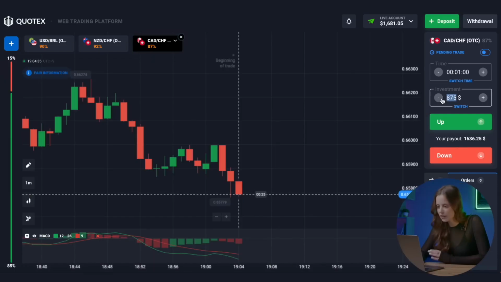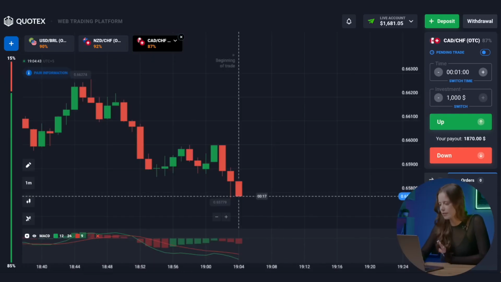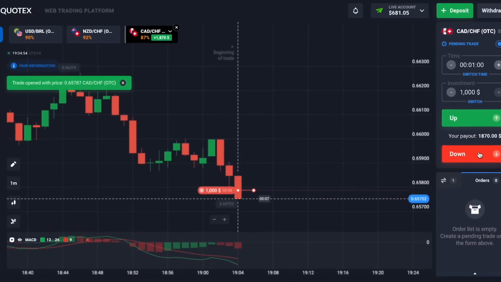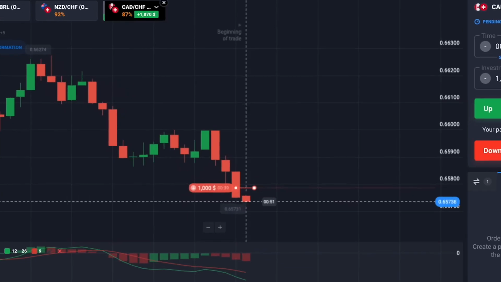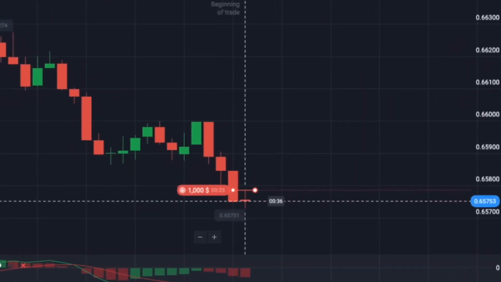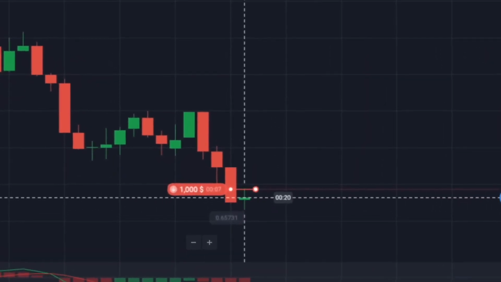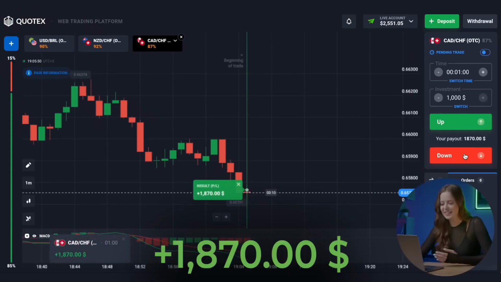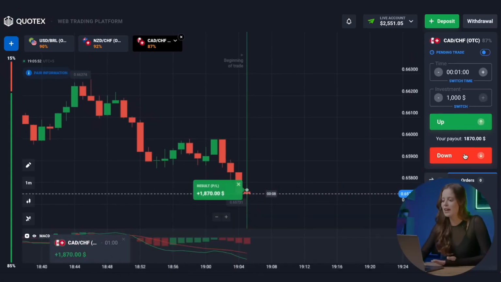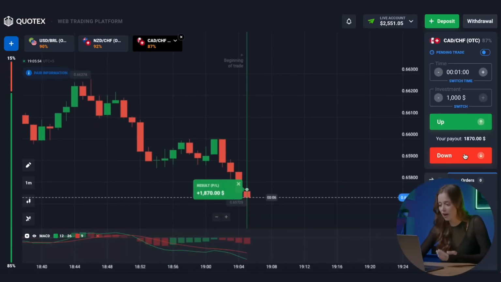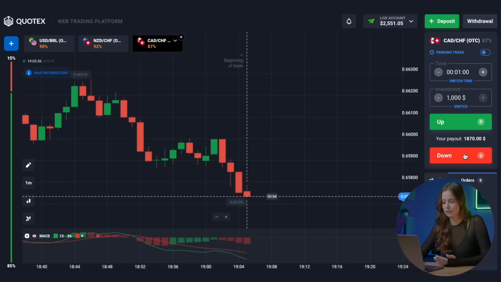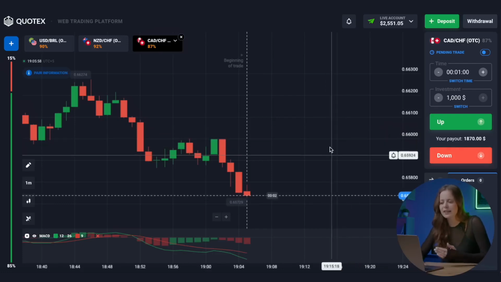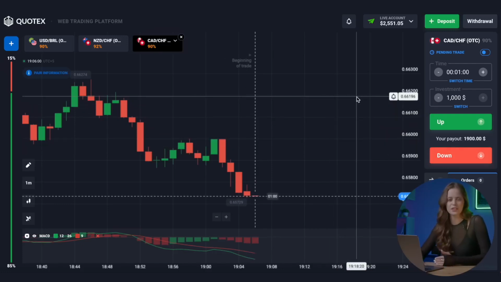Let us find a new entry point and put in $1,000. That's great! It's an excellent day for us. Here we already have $2,551 in our account. We have increased our starting capital by almost 250 times.